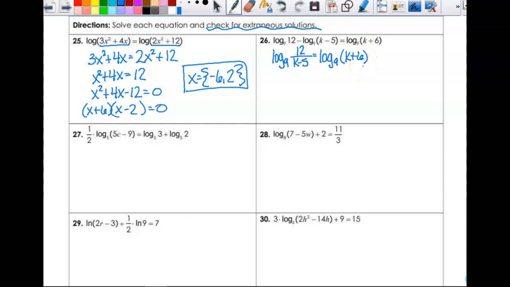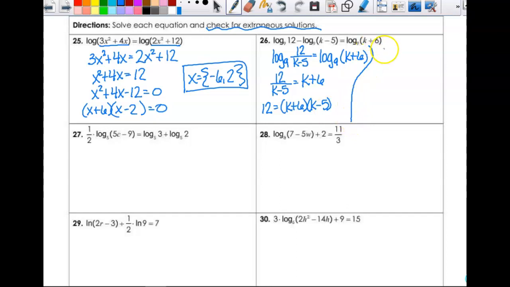All right, so now I have 2 logs with the same base set equal. That means that their arguments have to be equivalent. Use the one-to-one property. That'll give me 12 over k minus 5 equals k plus 6. Multiply both sides by the denominator, so I get 12 equals k plus 6 times k minus 5.